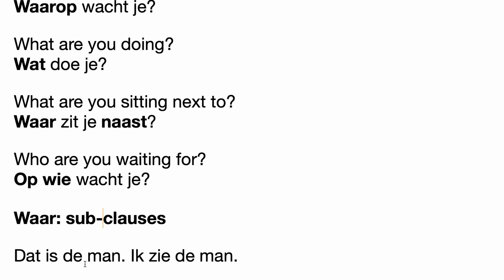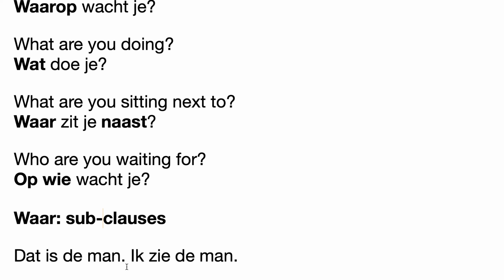Well, if you're combining two sentences, dat is de man, that's the man, ik zie de man, I see the man, you can, in English, just like in Dutch, combine those two sentences. You can turn it into one sentence, and it becomes, that's the man I see.